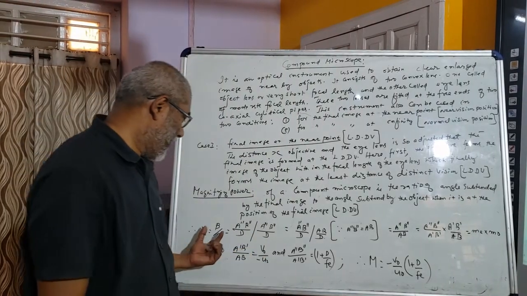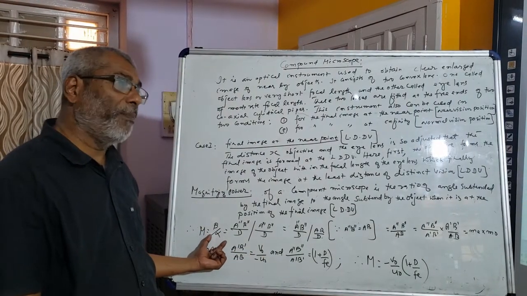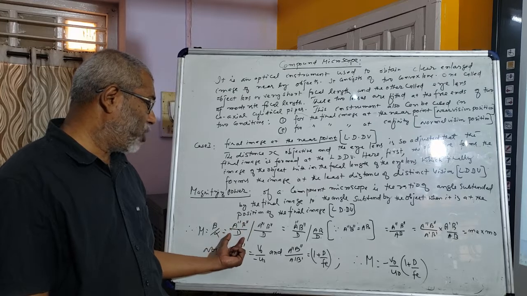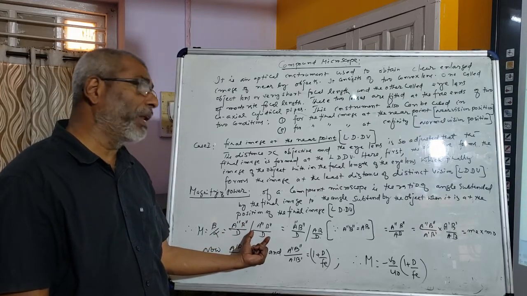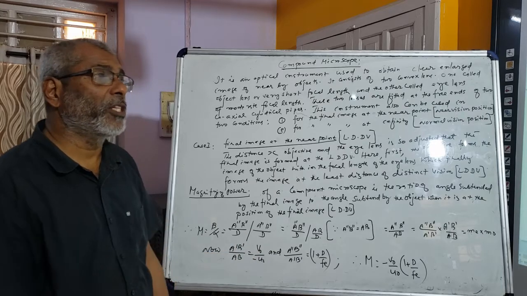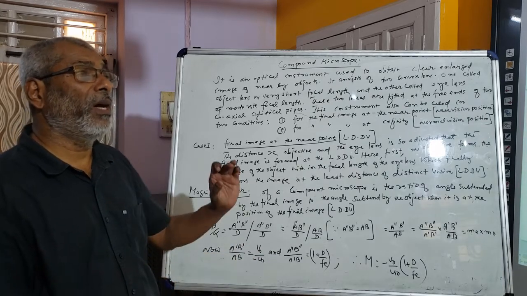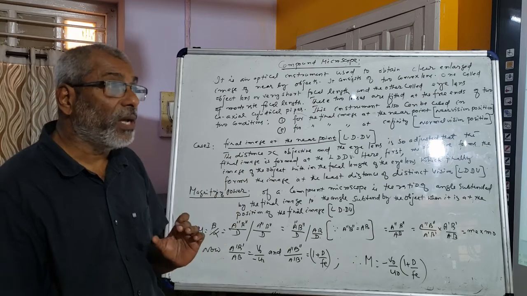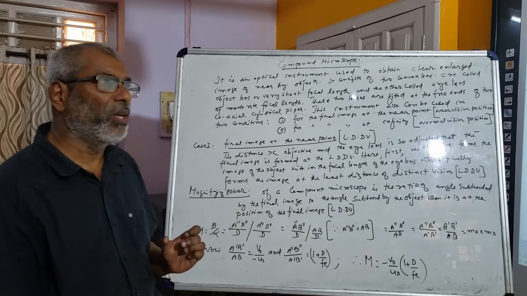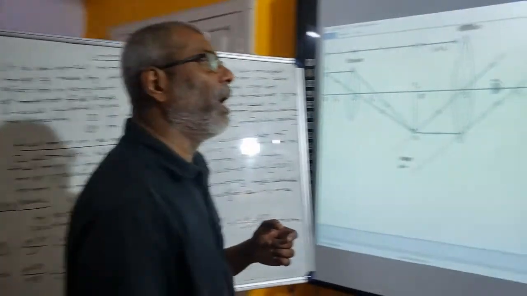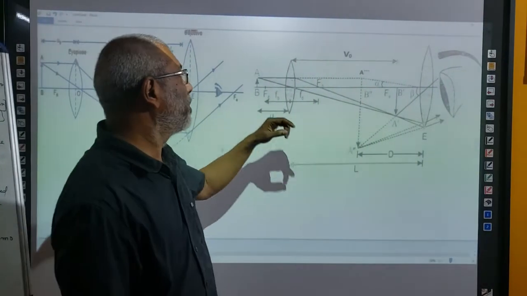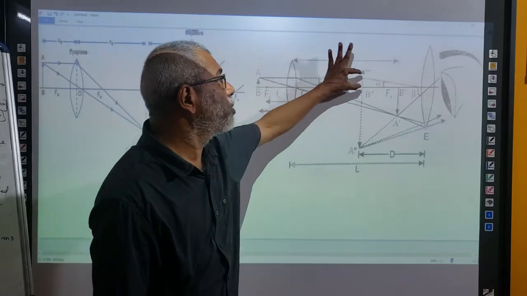So again, M is equal to beta by alpha, which is equal to A2' B2' by D divided by A3' B3' by D. What is A3' B3' by D? When the object itself is placed at the position of the final image, what angle does it make? In the figure it is clearly seen alpha is the angle subtended by AB when placed at this point.